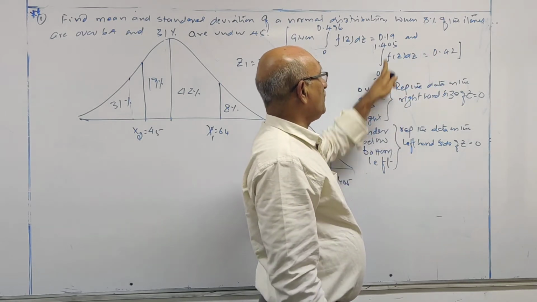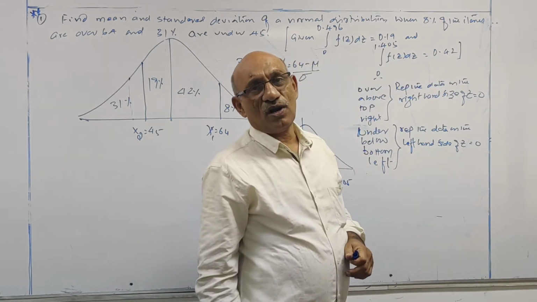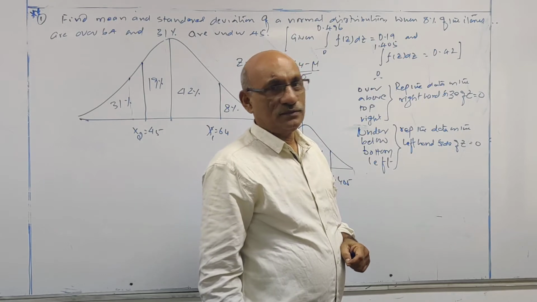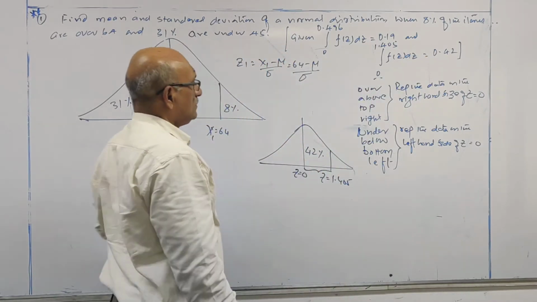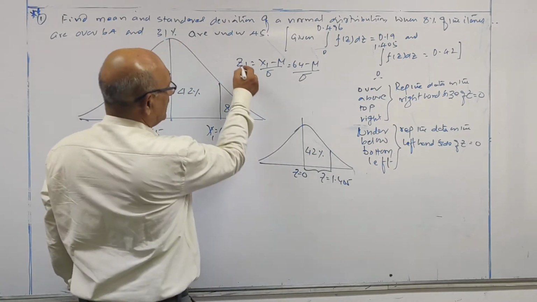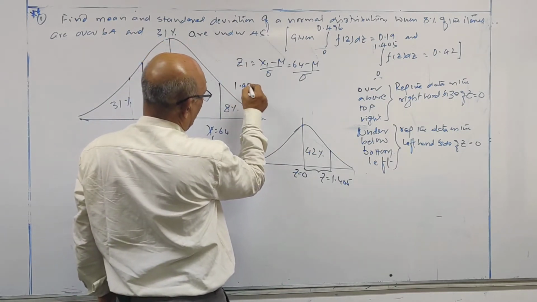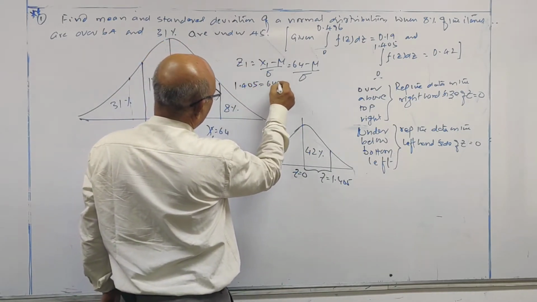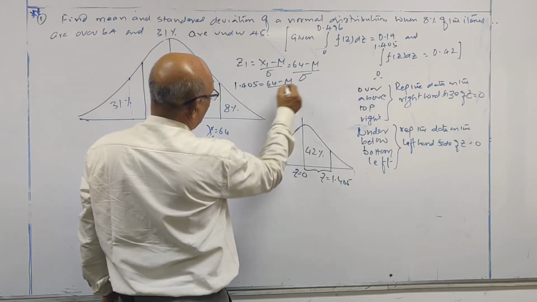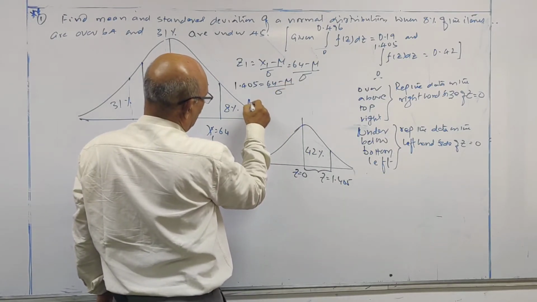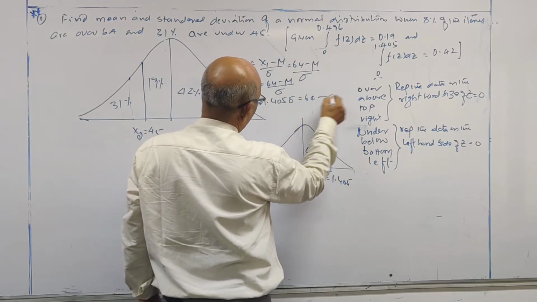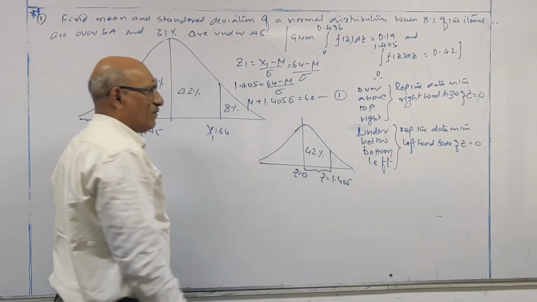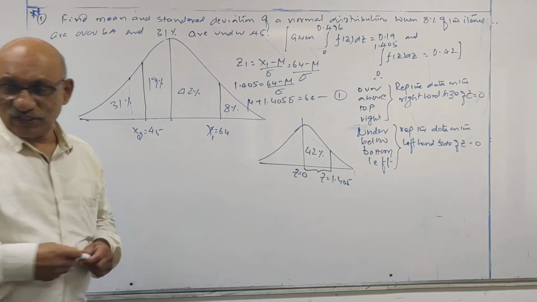Lower limit is 0, upper limit is 1.405. So this area will be 0.42 given in the question. Therefore, what will I write? Z1 is replaced with 1.405, 64 minus mu by sigma. So mu plus 1.405 into sigma is 64. Equation number 1.